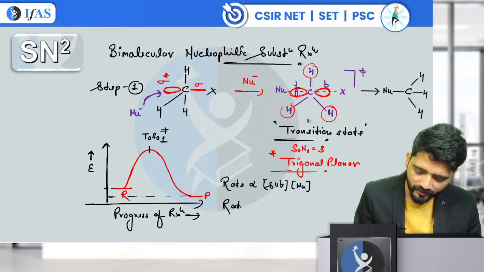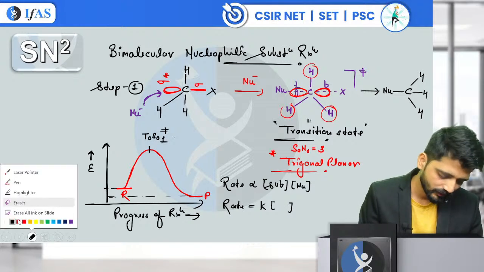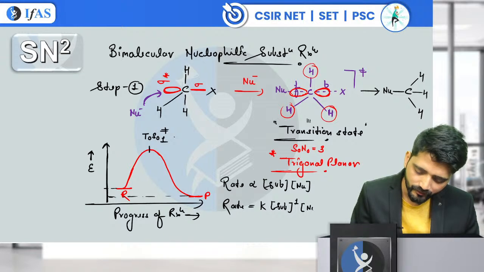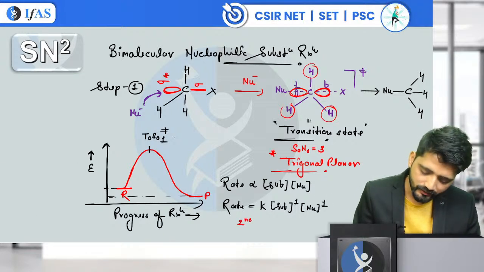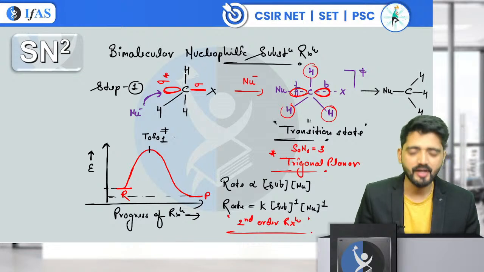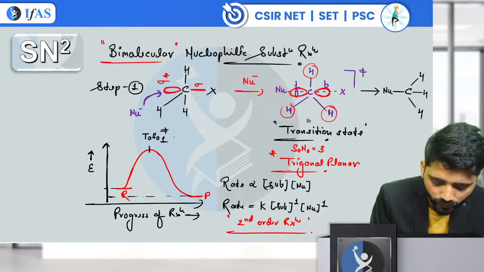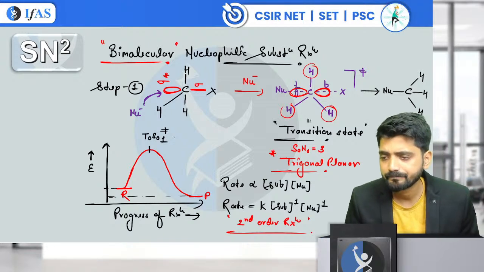If I remove the proportionality sign, we get a constant where the rate is first order with respect to substrate and first order with respect to nucleophile. So overall, this is a second order reaction. That's why we write SN2 as a bimolecular nucleophilic reaction, because it is a second order reaction. Got it?